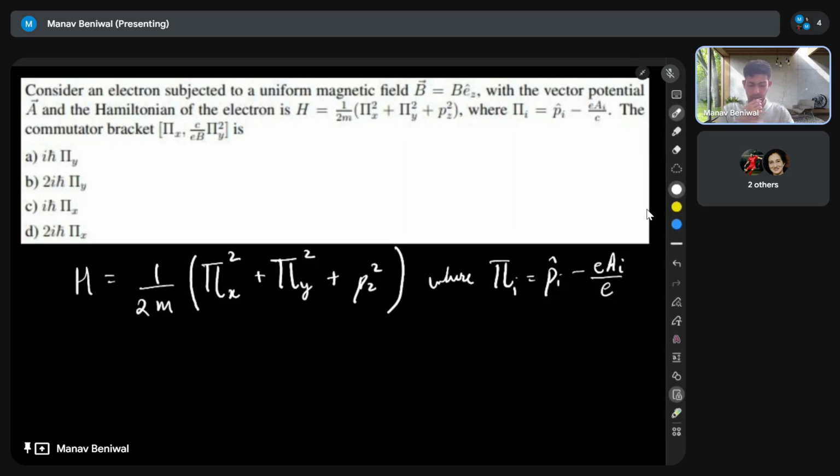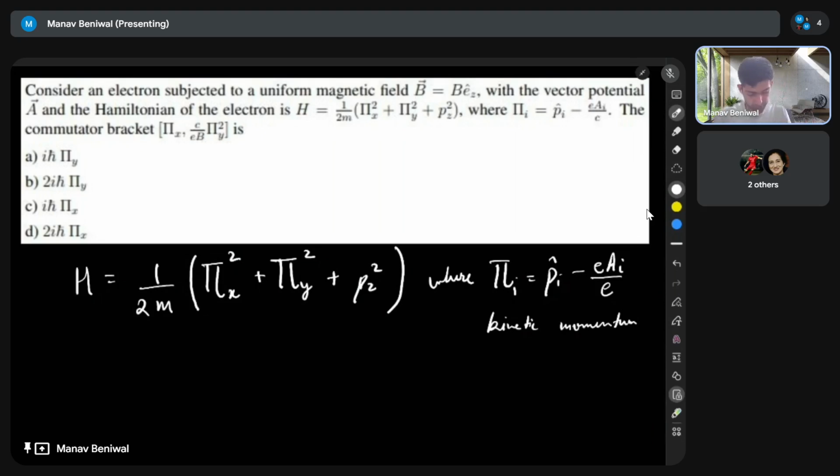Okay, so this quantity is called kinetic momenta, and it is defined like this, and this is our Hamiltonian of an electron.